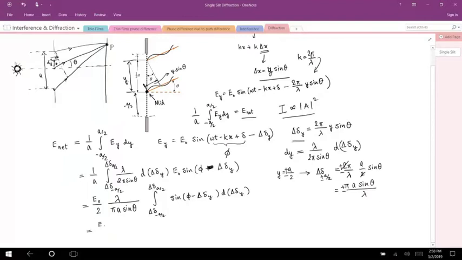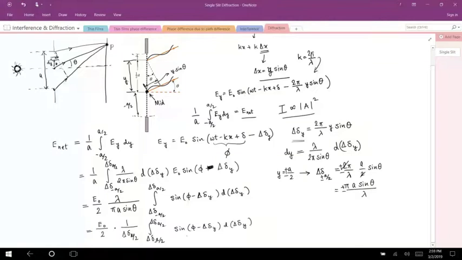We have E0 over 2, and then 1 over this quantity delta delta a over 2, times the integral from delta delta negative a over 2 to delta delta of positive a over 2, and the integral that we are performing is sine of phi minus delta delta of y times d delta delta of y.